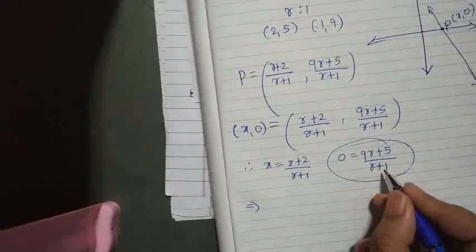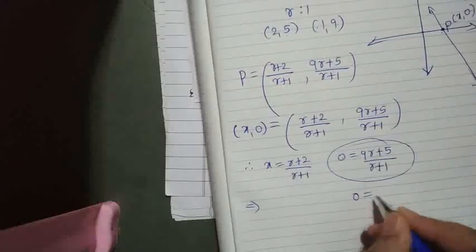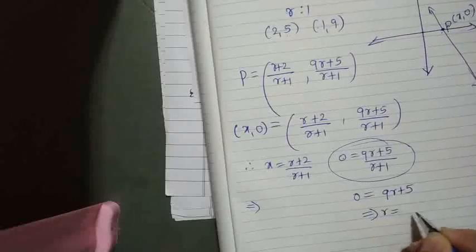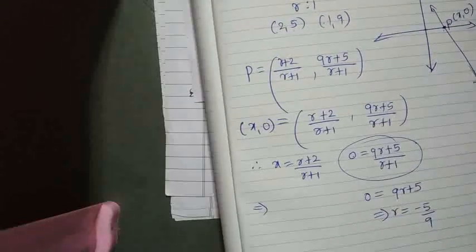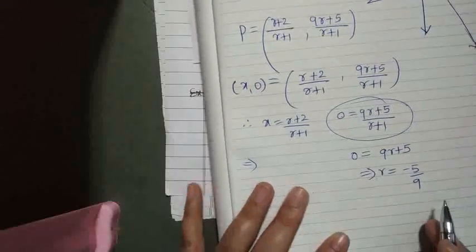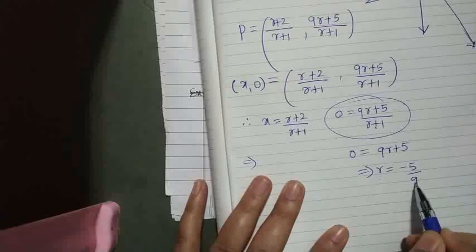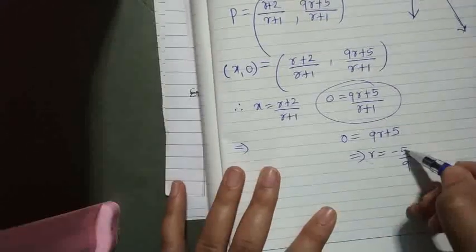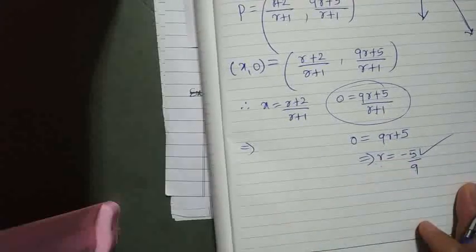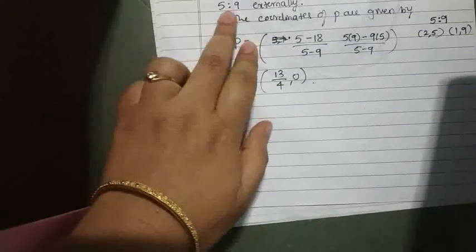That is, denominator into 0 is 0, so 9r plus 5 equals 0. Therefore, r is equal to minus 5 by 9. The value of r is minus 5 by 9. But the ratio is negative. Therefore, since we got the ratio negative, P divides the line AB externally in the ratio 5:9.